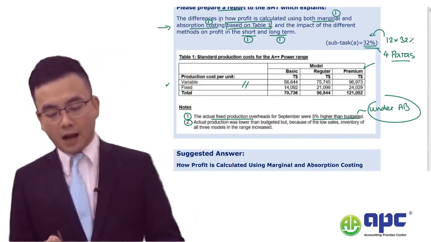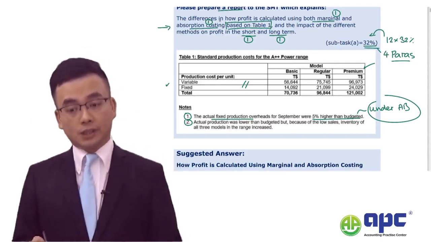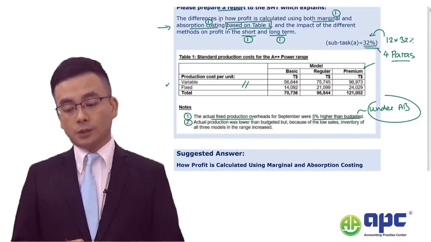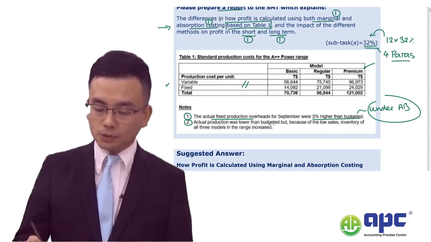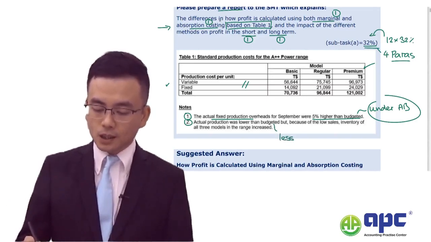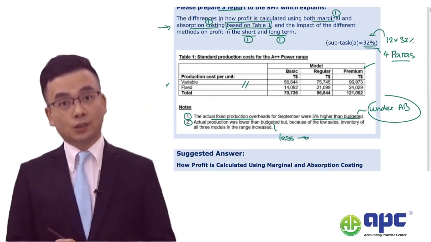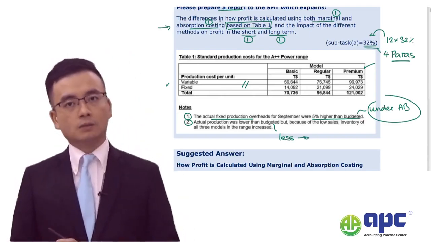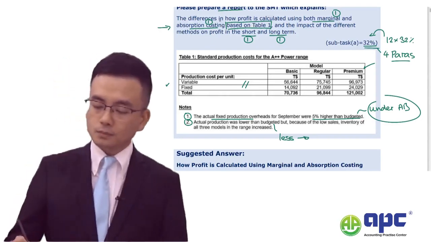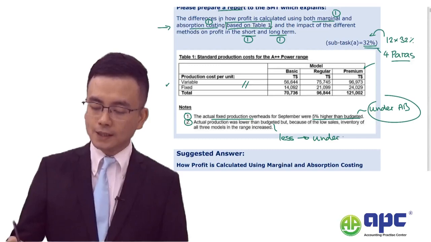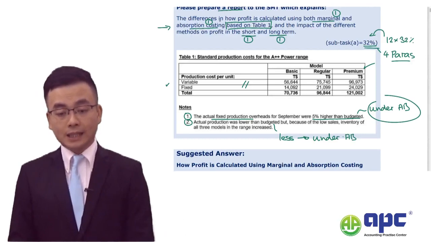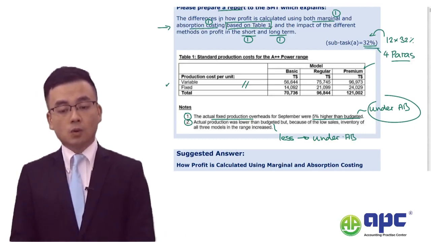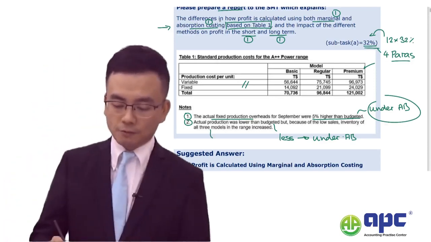Number 2, the actual production was lower than budgeted. So this means that we produce less. From your earlier absorption costing studies in CIMA P1 and even BA2, it will result in the under absorption of fixed overheads. But because of the low sales, inventory of all 3 models in the range increased, which means we've got something unsold.